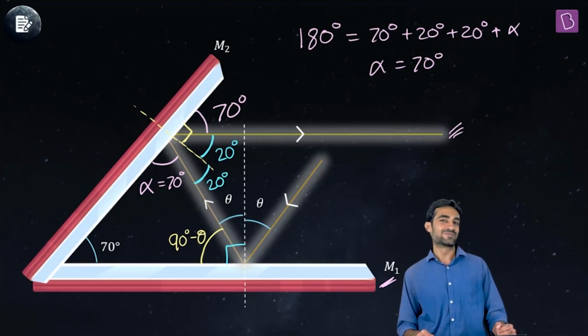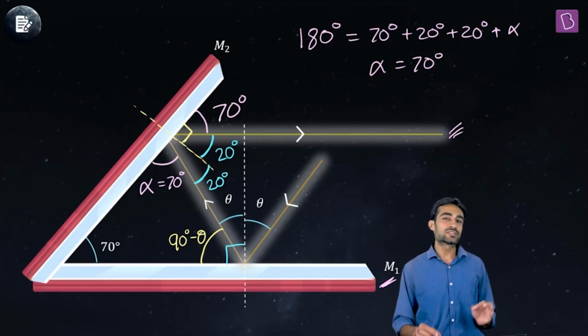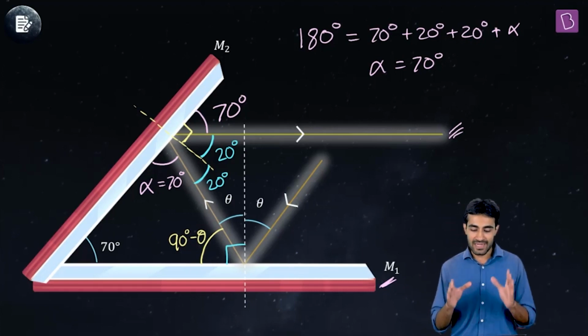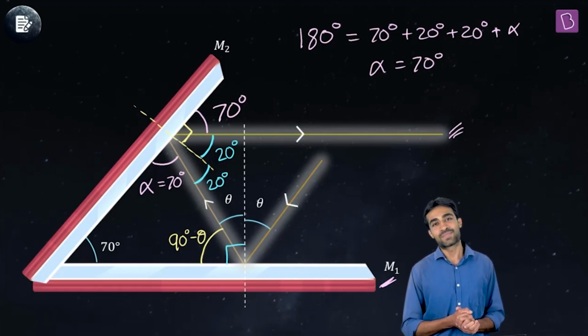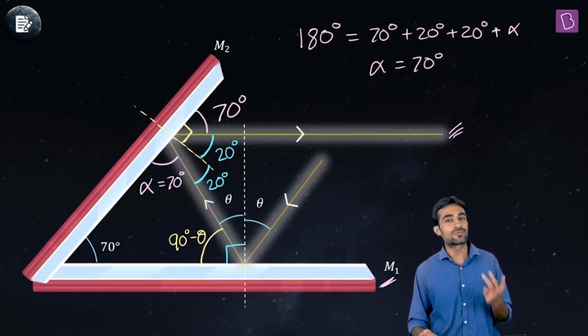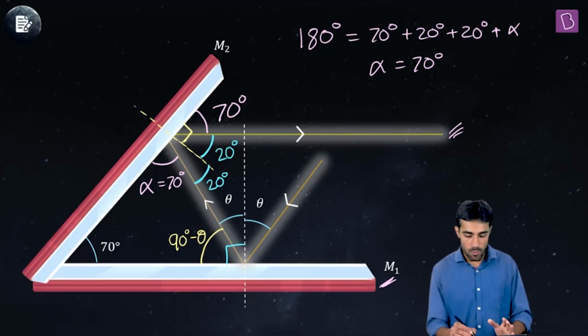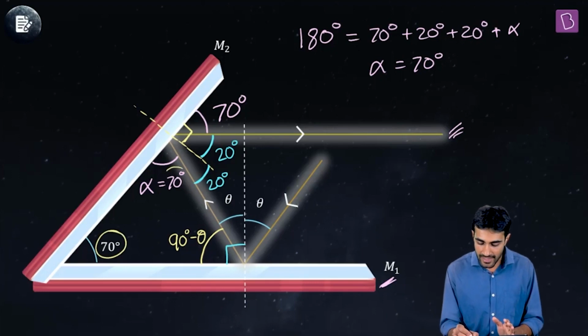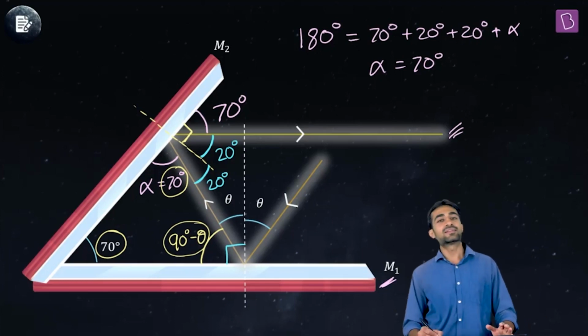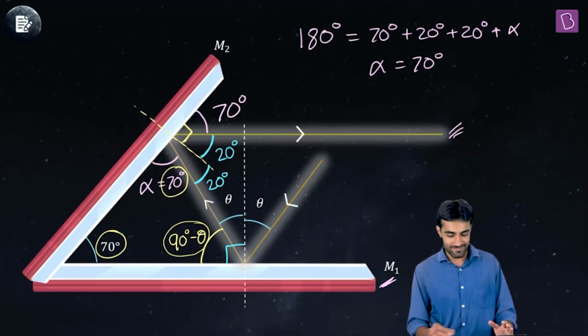Now, what is the total angle in a triangle? If we add all the three angles of the triangle, we must get 180 degree. Now, one angle is 70 degree, another angle is 70 degree, and the third angle is 90 minus theta. Let's add them.